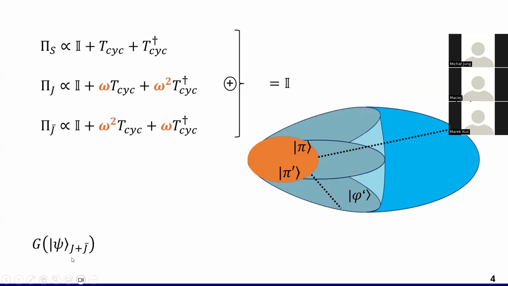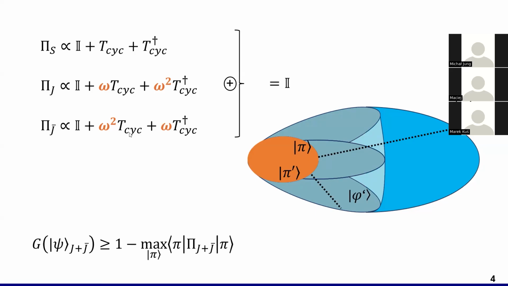And okay, so here the notation is a bit fishy, but we consider the geometric measure of a state psi that is either in the chiral subspace J or J bar. And the upper bound of this geometric measure, we can write it as 1 minus the maximum expectation value of the projector of one of those two states.